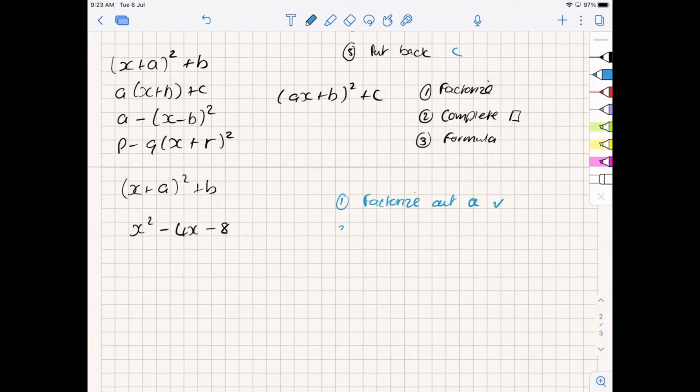Okay, step number 2, think what's half of b. Half of b in my example is just going to be what, Sarah? -2. -2, very good. Step number 3 is put x and half of b in brackets. Square.